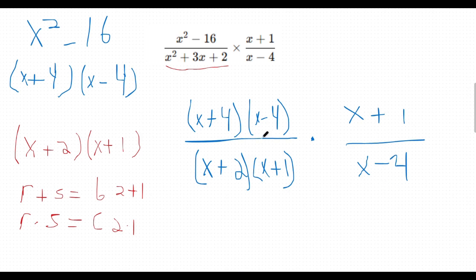So when cross terms are identical here, when I say cross, I mean this way, the denominator here is identical to a numerator over here. They cancel each other out.